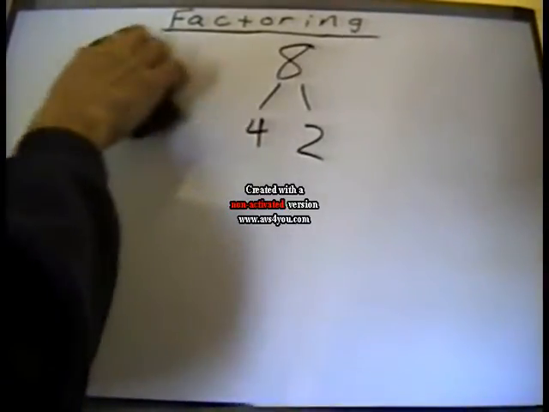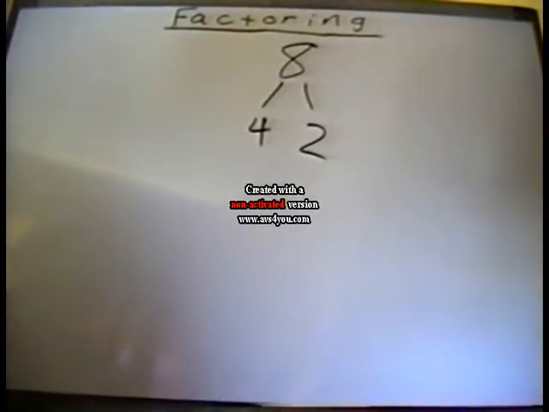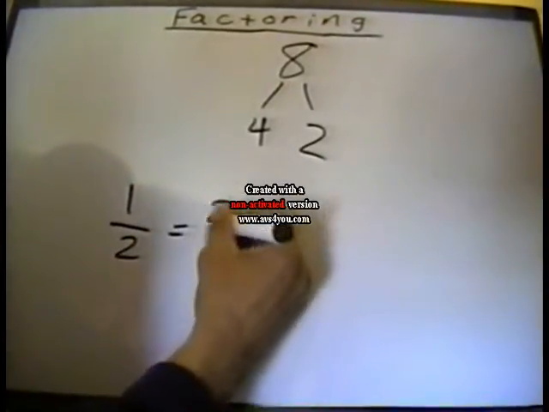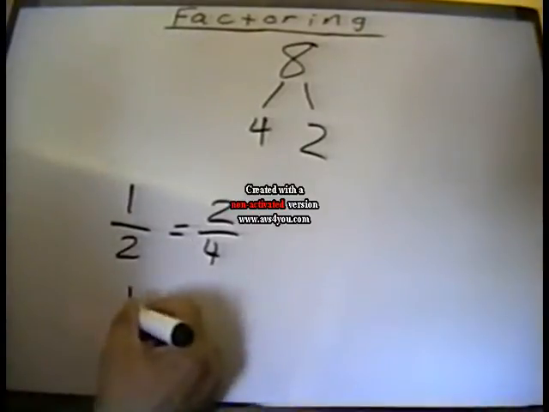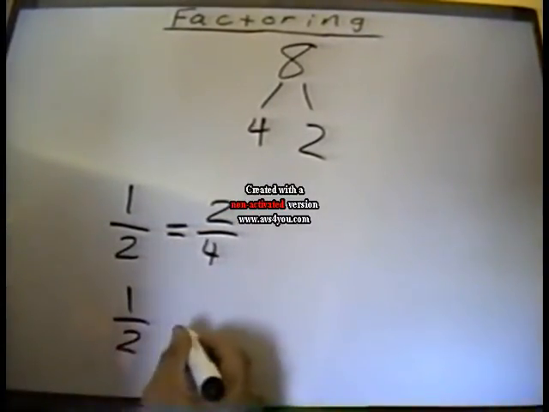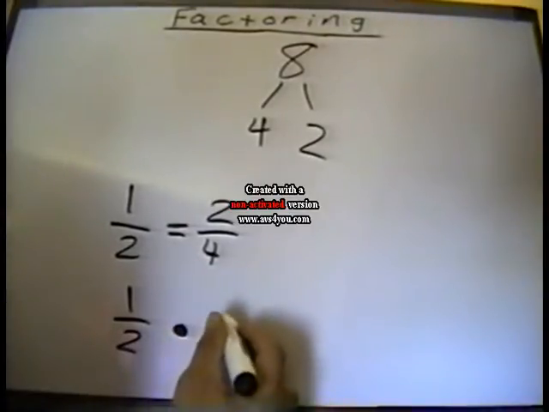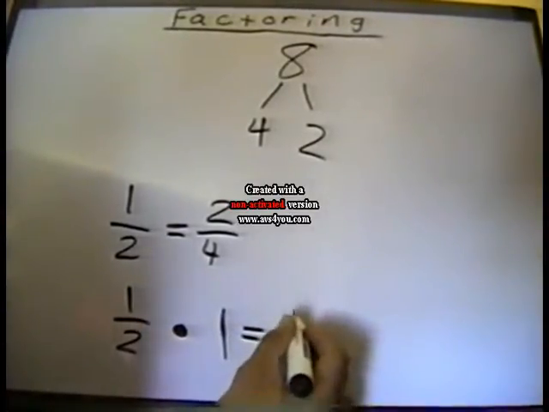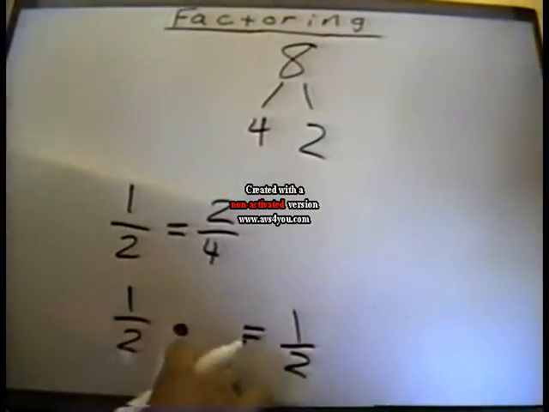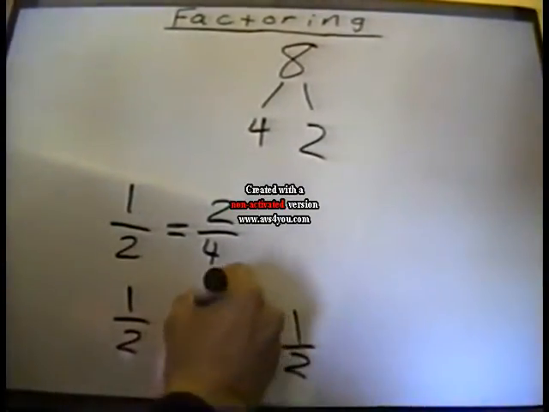The fact that you can multiply a number by 1 or divide a number by 1 and it does not change the number is a principle that is used throughout mathematics. For example, we were converting 1/2 to 2/4, and those are equal. Just like any number multiplied by 1, 1/2 stays equal to 1/2.